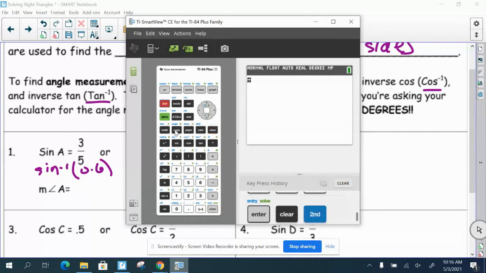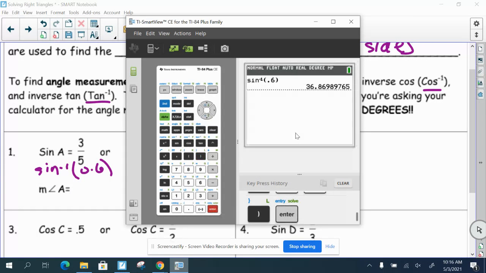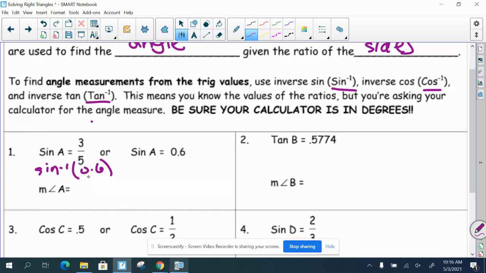So if I do second sine 0.6, then the angle A is 36.9 degrees. Here, if I know that the tangent of B is 0.5774, then to get the measure of angle B, I do the tangent inverse of 0.5774.